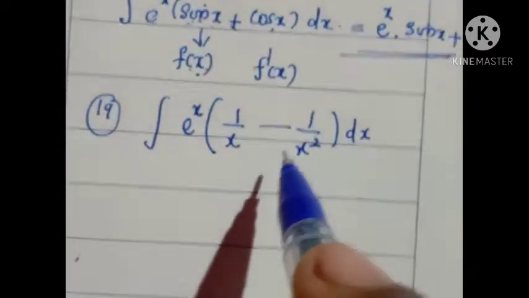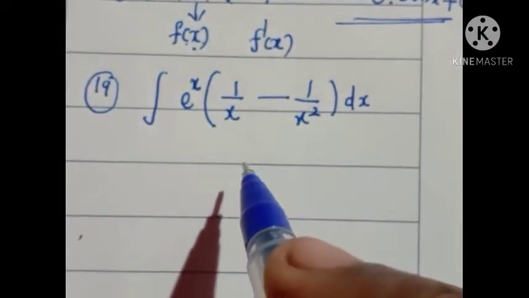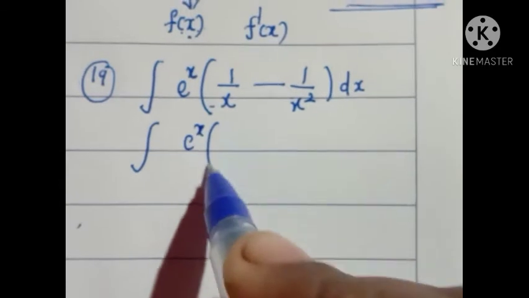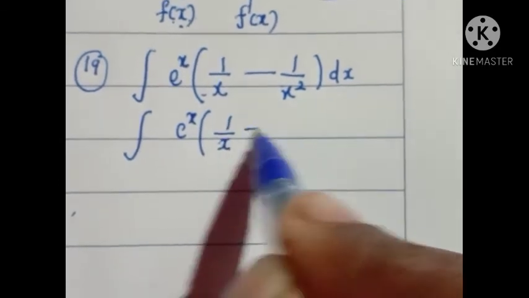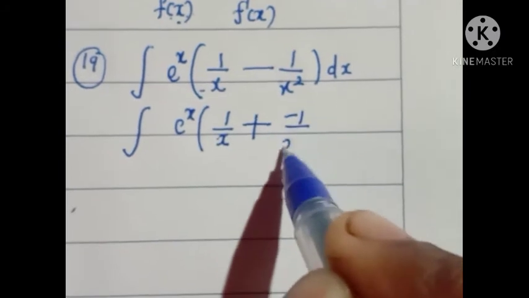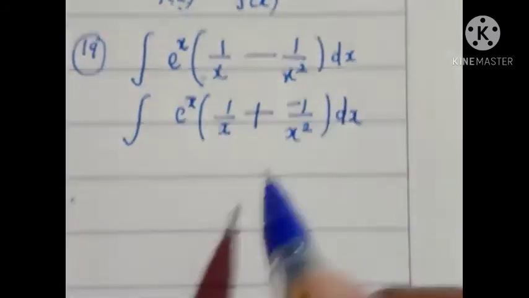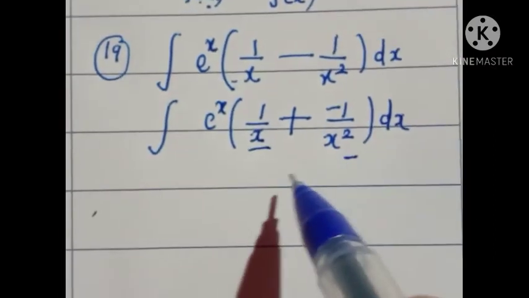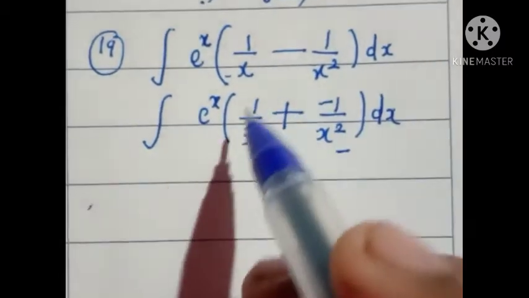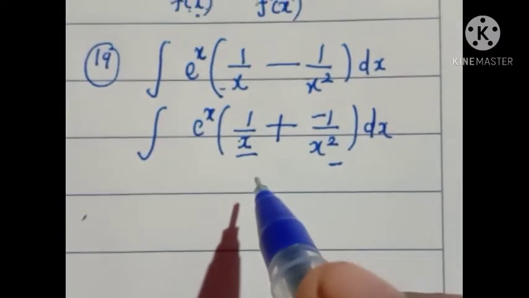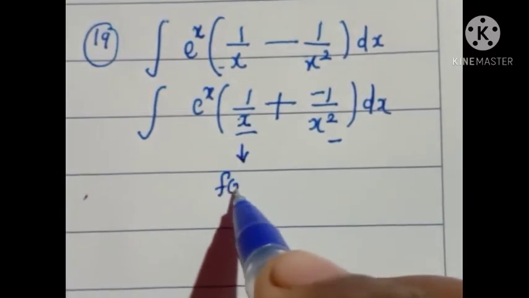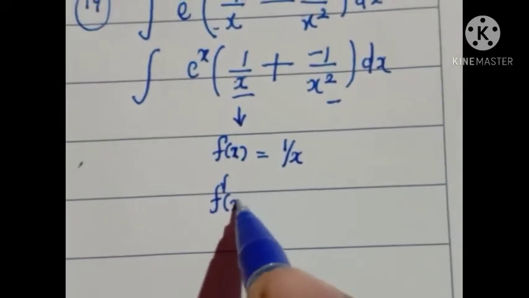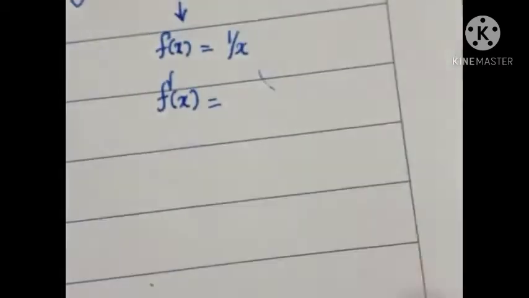This function can be rewritten as e raised to x into 1 by x plus minus 1 by x square dx. Now look at this. Can you identify any relation between these two terms? Yes, if f of x is 1 by x, what is its derivative, its dy by dx?